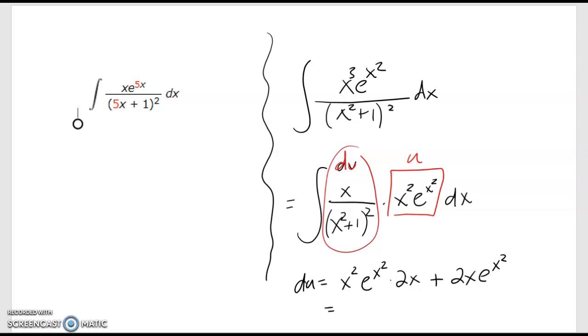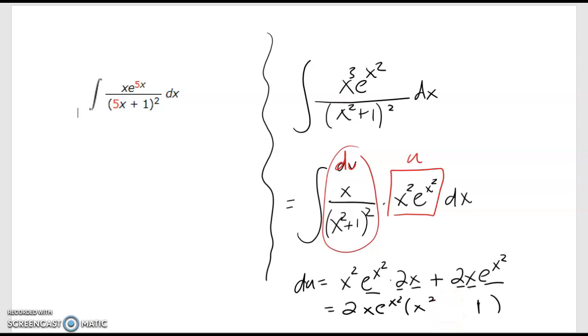And then if I factor the common factor out, there's a 2 and x and e to the x squared here, and a 2 and x and e to the x squared here. So 2x e to the x squared, and that should leave me with x squared plus, if you factor that whole thing out, 1. That should be real helpful when you do the next step.